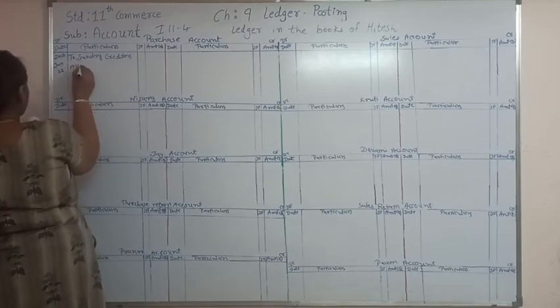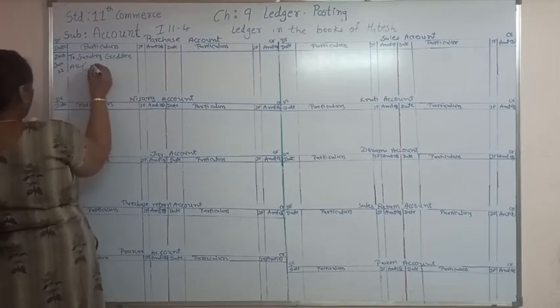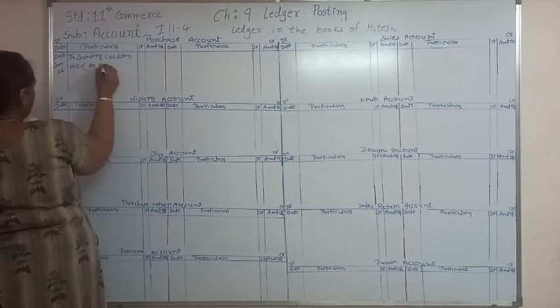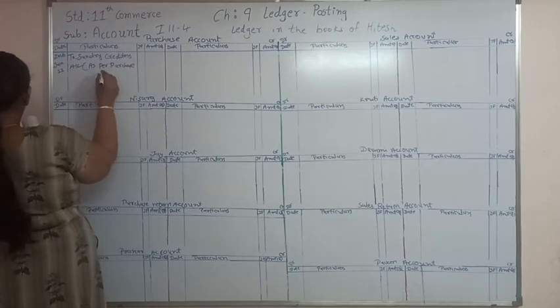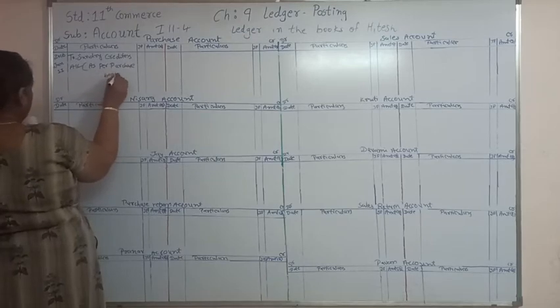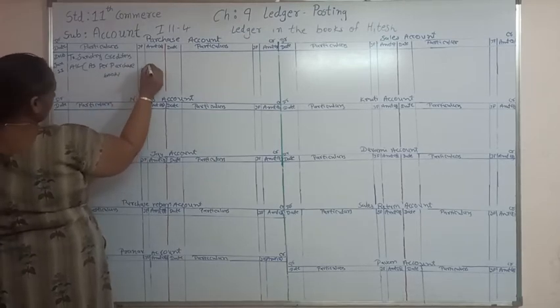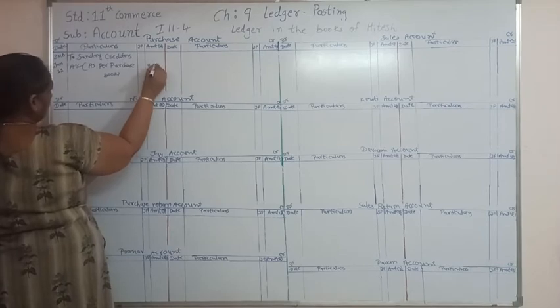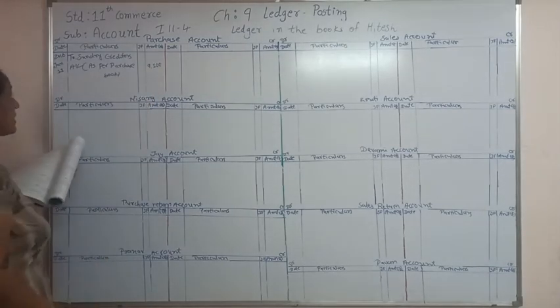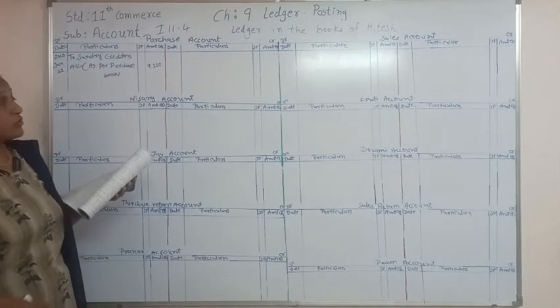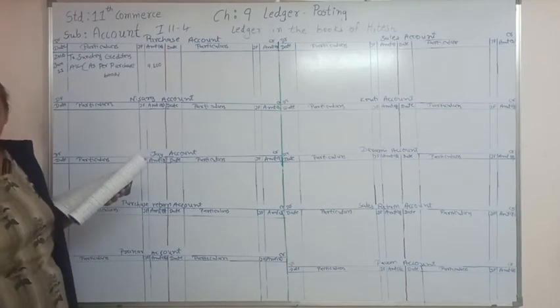Sundry creditors account, and here in the bracket we write as per purchase book, and the total is 9,100. So this is the total of the purchase book that we have taken on the debit side of purchase.